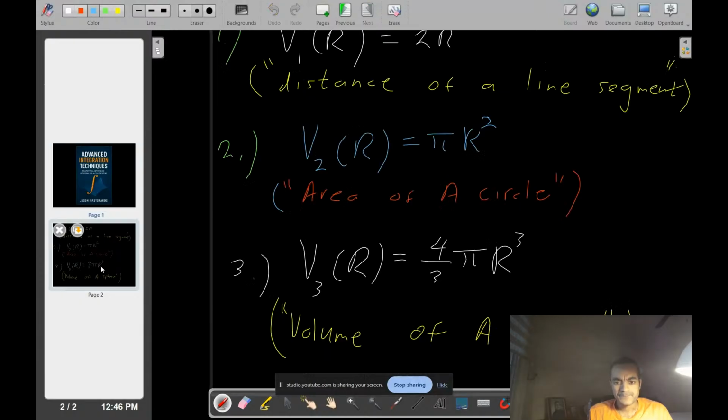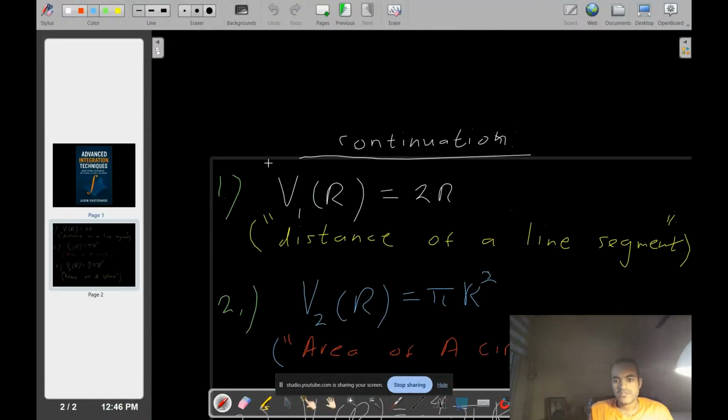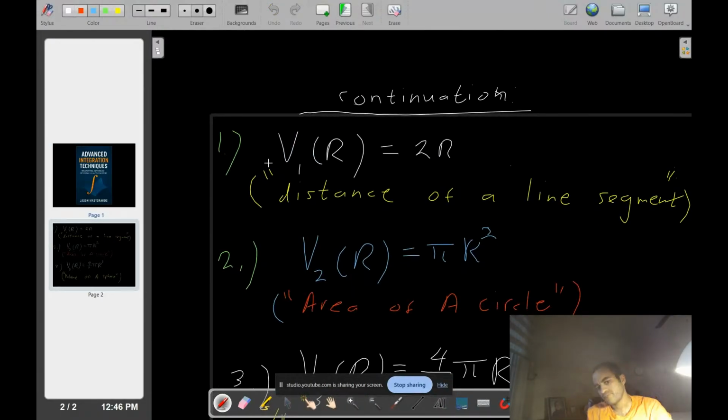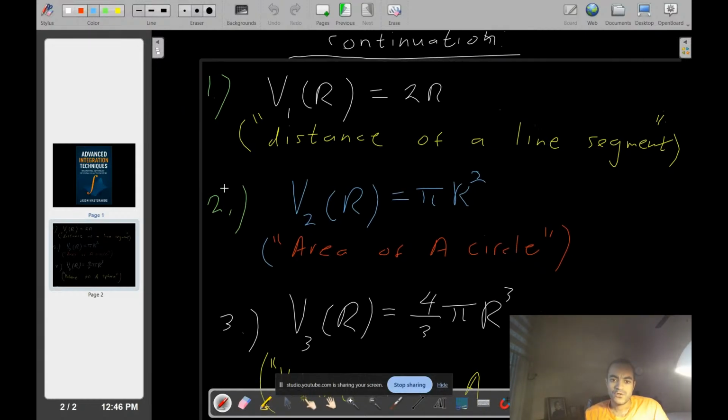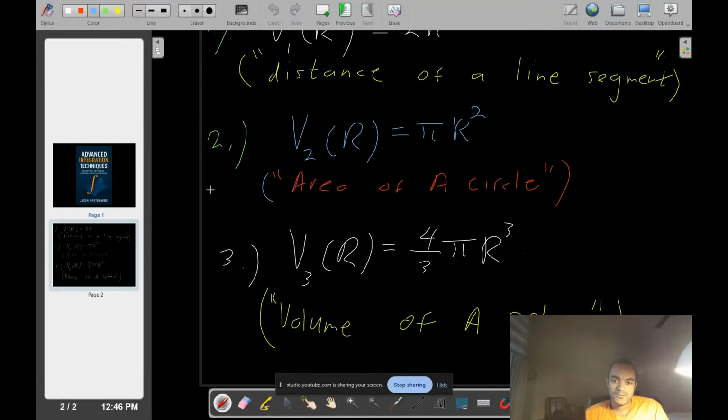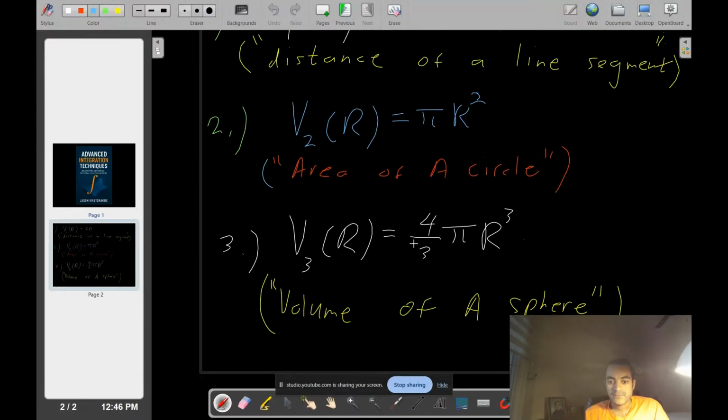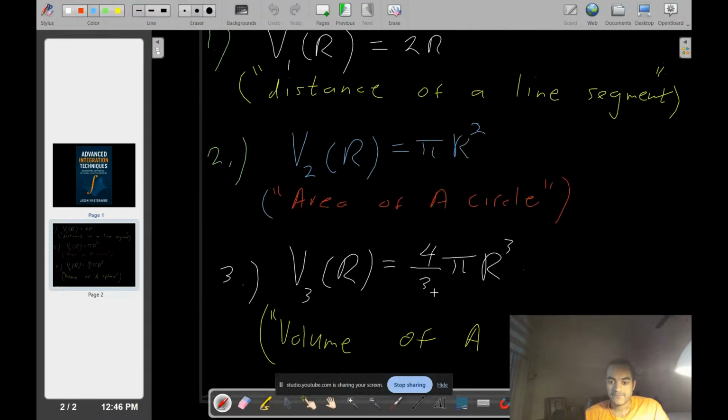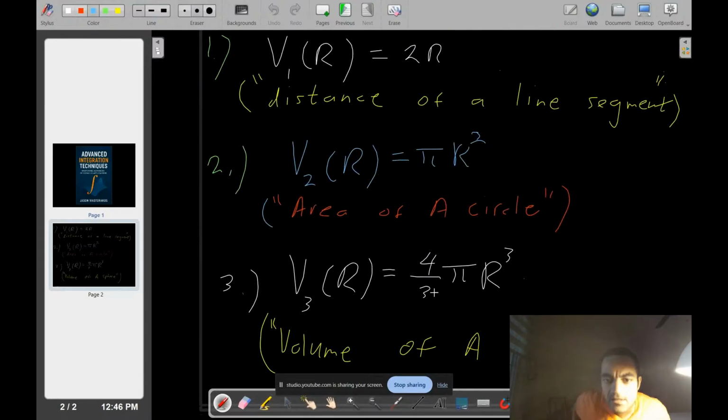If we continue, I've listed them all here in more order. At n equals 1, V1 of R is 2R, the length of a line segment. V2 of R is pi r squared, the area of a circle. And V3 is 4/3 pi r cubed, which is a sphere. As you can see, there is some sort of relationship here.